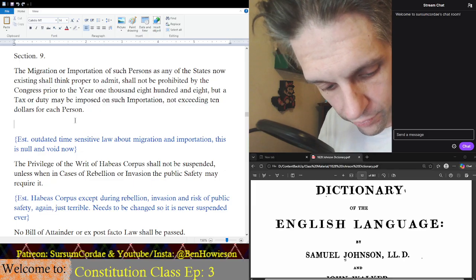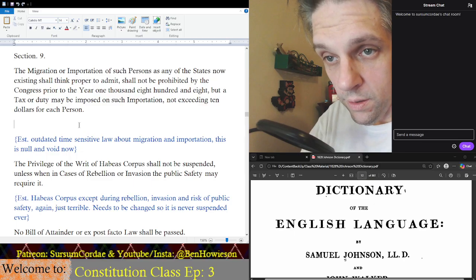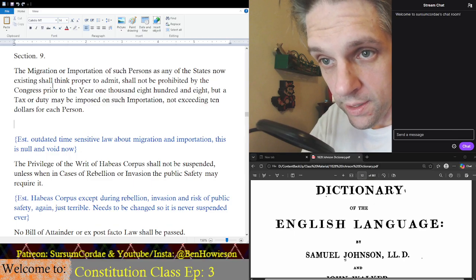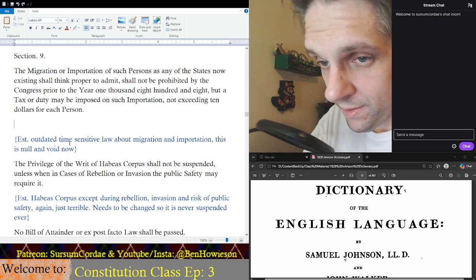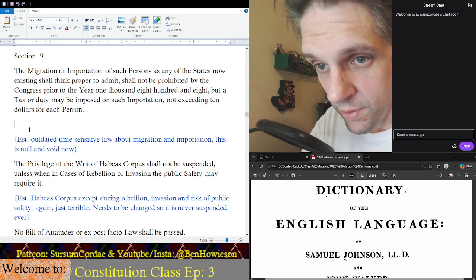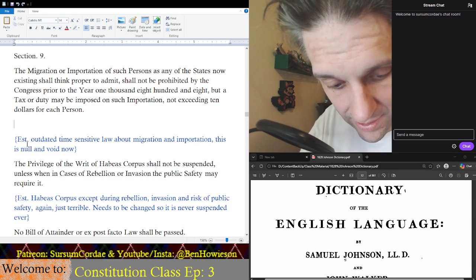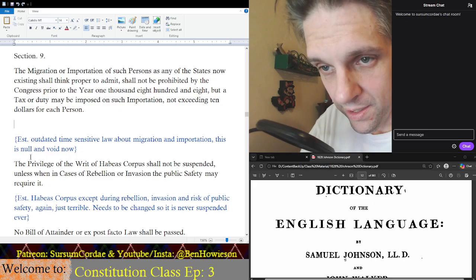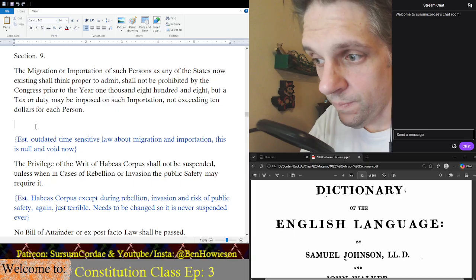As usual, the black text is the actual Constitution right now. The blue text is a little explanation if I've had time to put it down yet. The red text is going to be what we reword it as so that it is not as confusing as 18th century language, and there may be some green text later for things we definitely want to add.